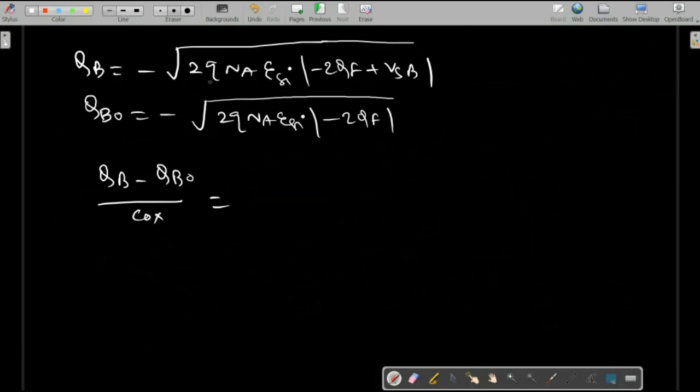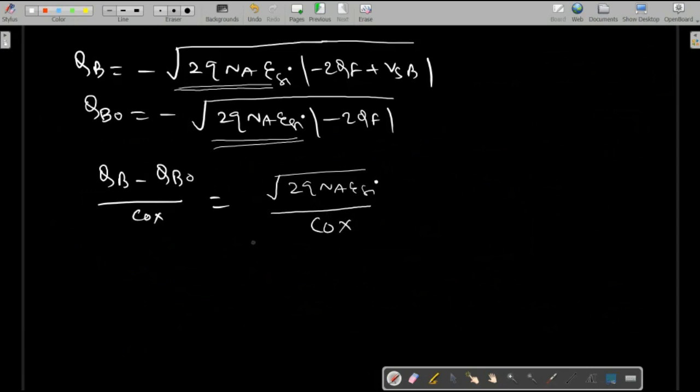So just check, minus root of 2QNA epsilon SI, this term is common for both cases. So we can take this one common, and we can take minus common.